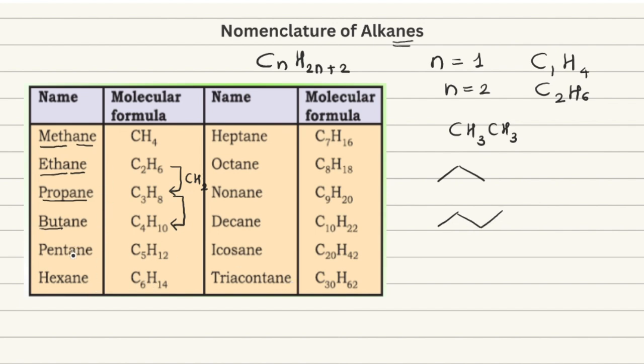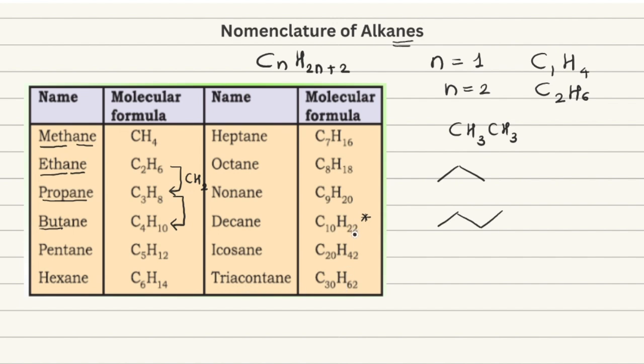And it goes on. Pentane, hexane, heptane, octane, nonane, decane. You should know up to decane. And it's better to know C20H42 as icosane and C30H62 as triacontane.